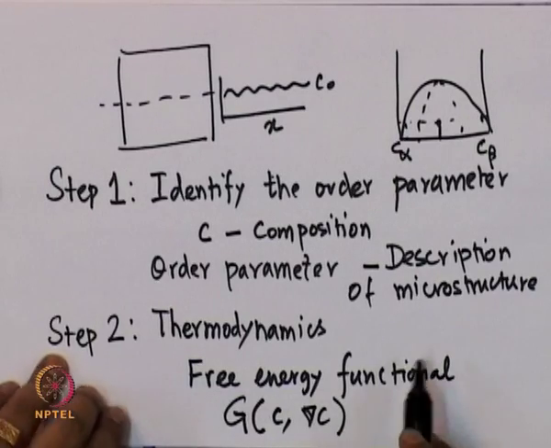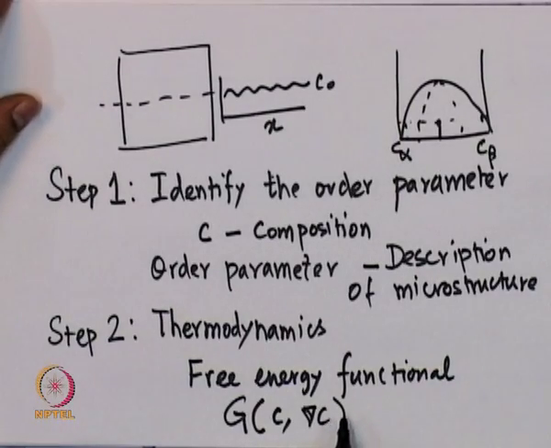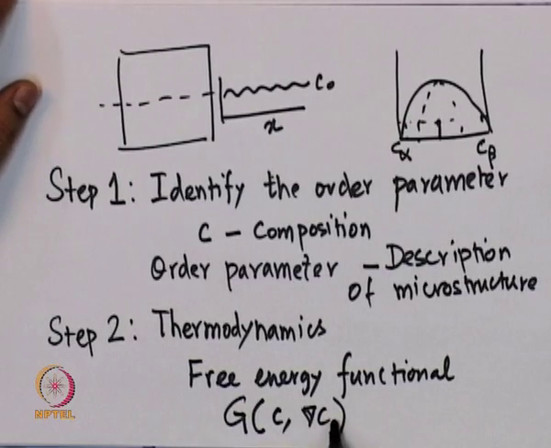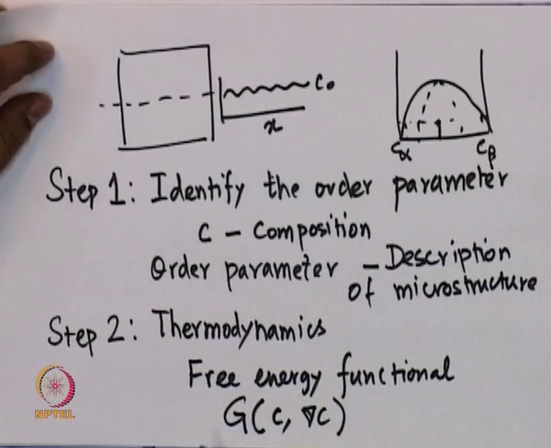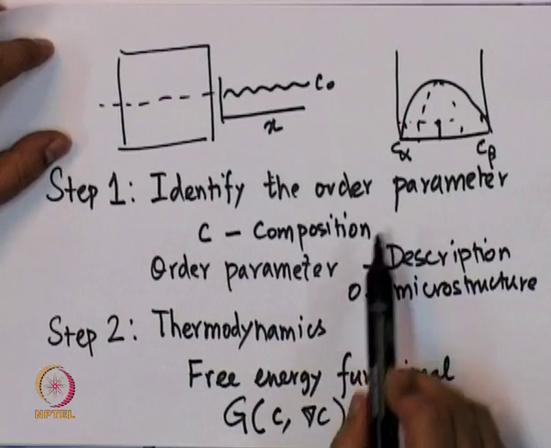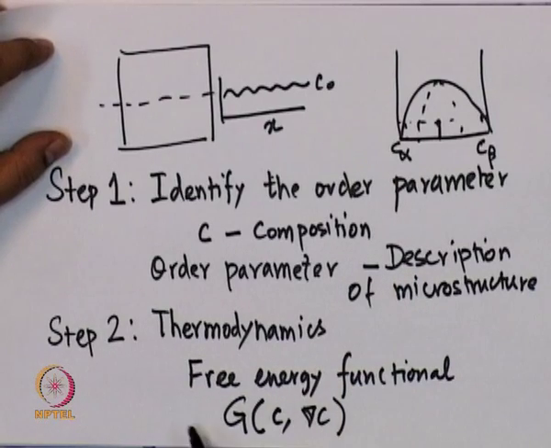This is the approximation we are making. It could be higher order gradients, as we saw in the derivation of the Cahn-Hilliard equation. It is possible to take higher order derivatives. We will probably look at one of those cases later in this course, but for the beginning we want to take a free energy functional, which is written in terms of the order parameter and its gradients.